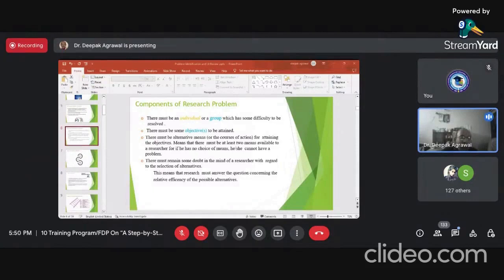There must remain some doubt in the mind of a researcher with regard to the selection of the alternatives. This means the research must answer questions concerning the relative efficiency of the possible alternatives. Being a researcher, there may be n number of questions coming to mind. We should try to identify the various alternatives, select the problem, and find the solutions for it.